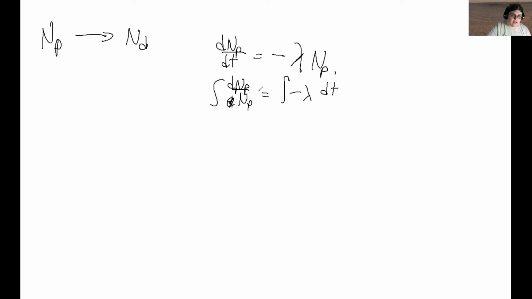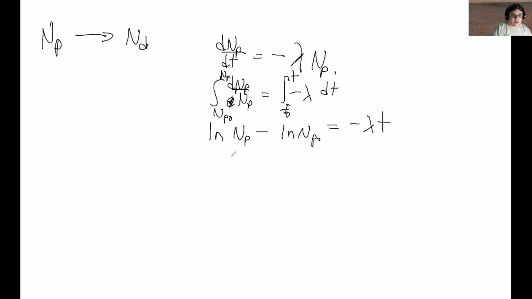Integrate both of these, starting from N_P naught at time t naught, then some future time t, we have some N_P. So here we have a 1 over N integral. So that's going to be a logarithm. Here we have just a constant.